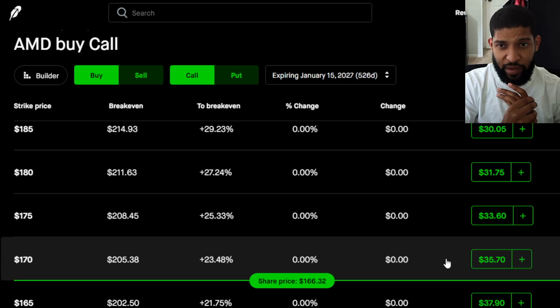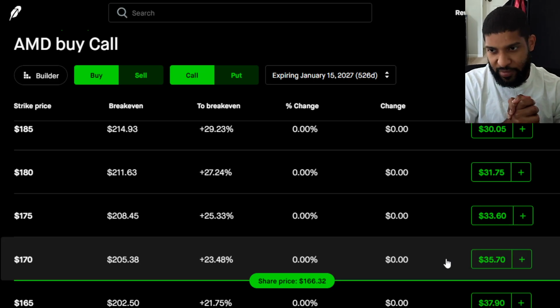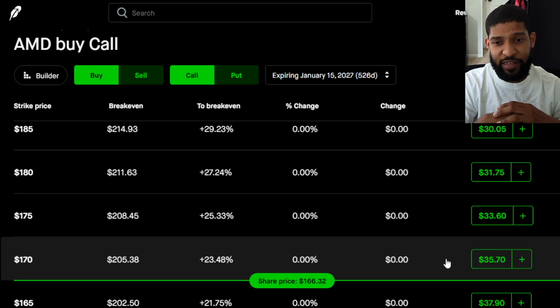But I say this to say, when it comes to trading options or leap options or puts, you need to understand how to invest long term first.